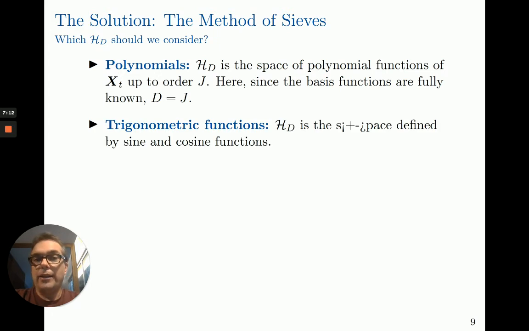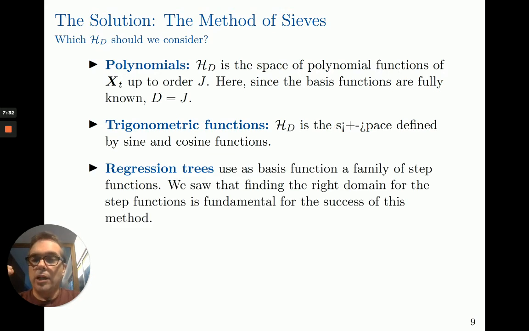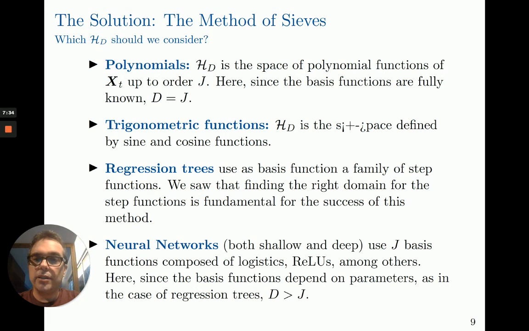We can have trigonometric functions, where h_d is, sorry, there's a typo here, I'm going to correct it, the sieve space defined by sine and cosine functions. Or, as we are going to see further in the course, regression trees and neural networks can also be interpreted as this sieve approximation.